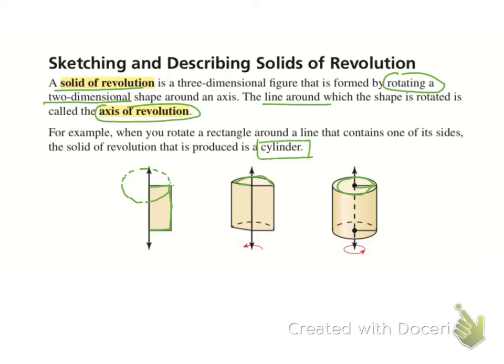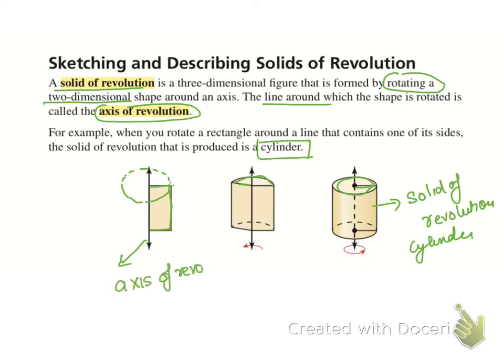So that's called a solid of revolution. This solid cylinder is a solid of revolution, and the kind of solid formed is called a cylinder. And the axis across which it is rotated is called the axis of revolution. You have to figure that out. It could be any axis, x or y, anything.